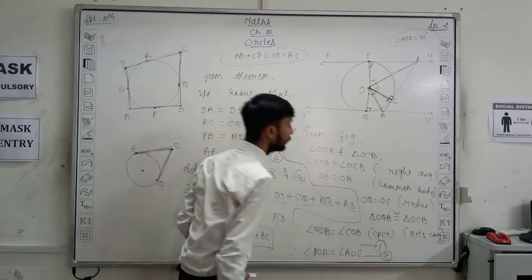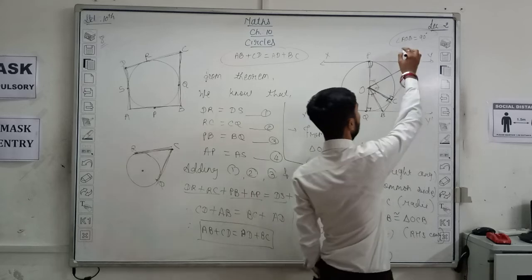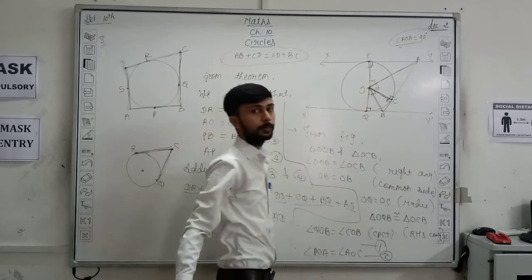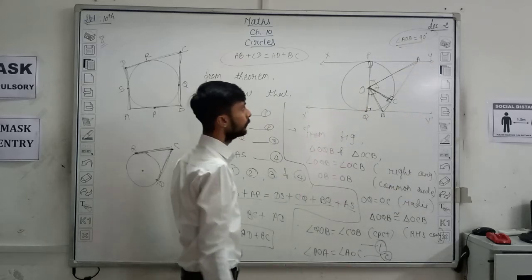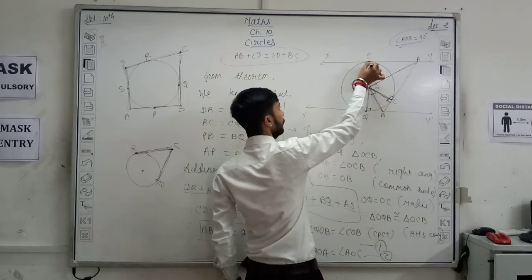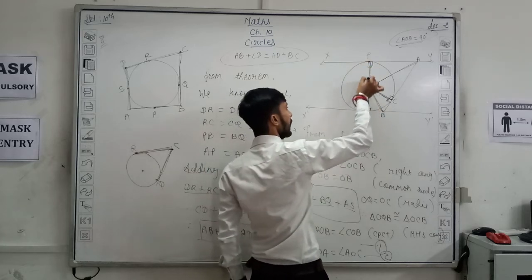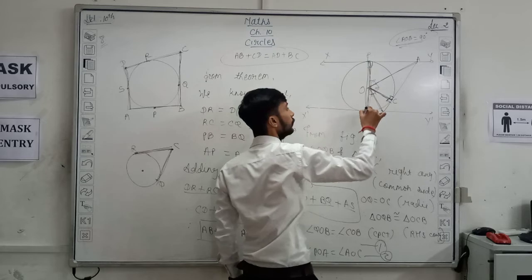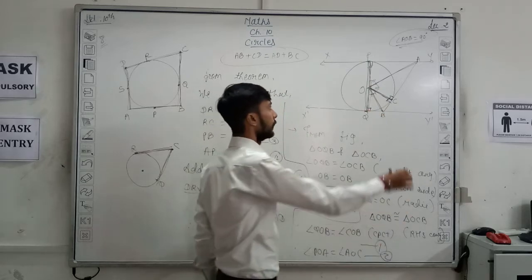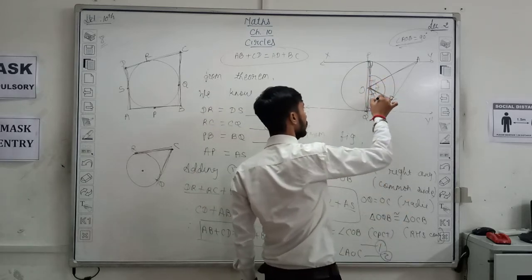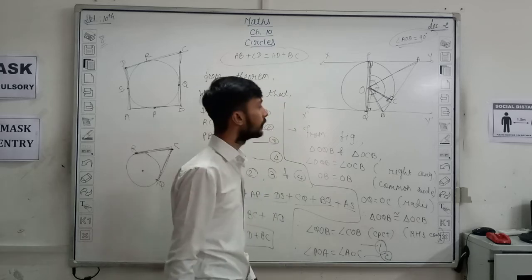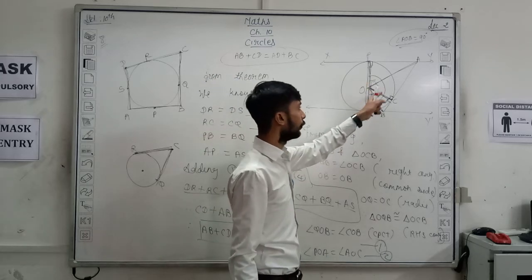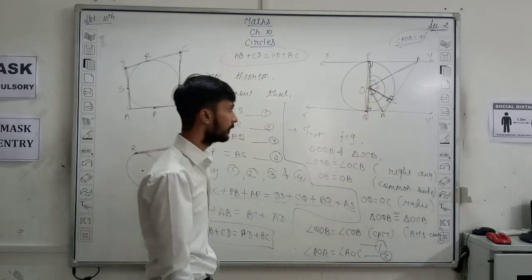Now what do you need to prove? AOB is 90 degrees, right? So we know that this PQ is a diameter and POQ is a straight line, that means this whole will be 180 degrees. Okay, so sum of these four angles is 180 degrees, right?